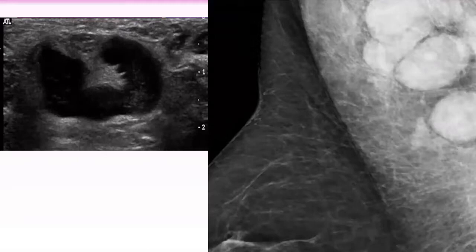By ultrasound, the lymph node is... What else about these lymph nodes? They are dense, oval, and some are rounded. What about the hilum? The fatty hilum is not shown. Okay, losing the fatty hilum.